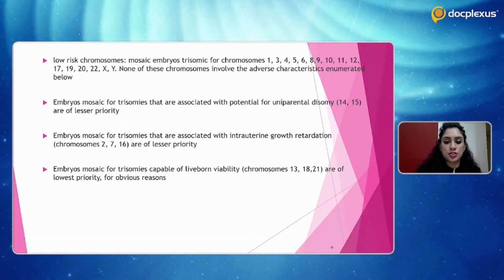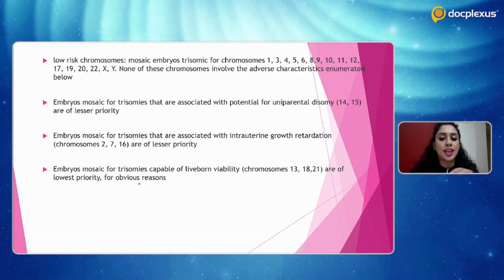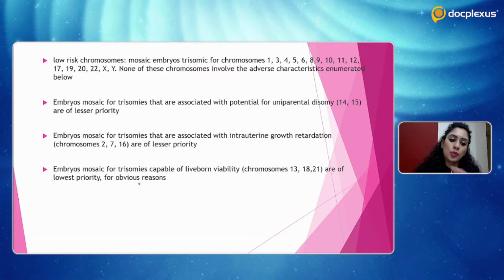Embryos mosaic for trisomies associated with intrauterine growth restriction, like chromosomes 2, 7, and 16, are of lesser priority. And embryos mosaic for trisomies capable of live born viability, like 13, 18, 21, are of lowest priority for obvious reasons.